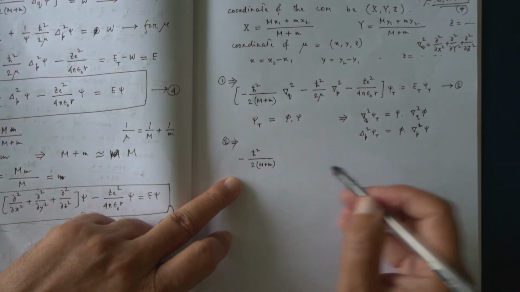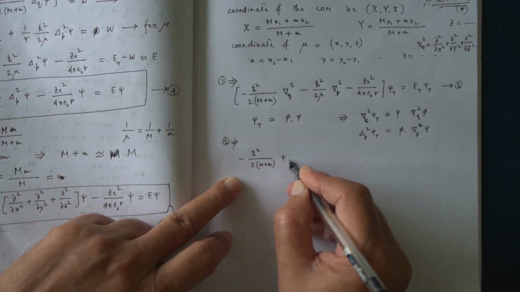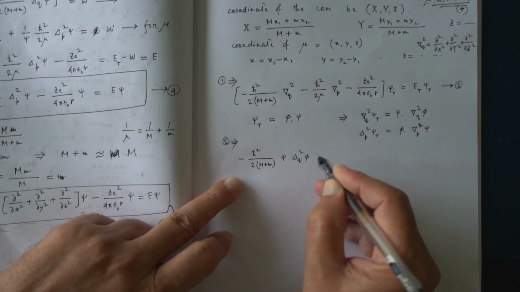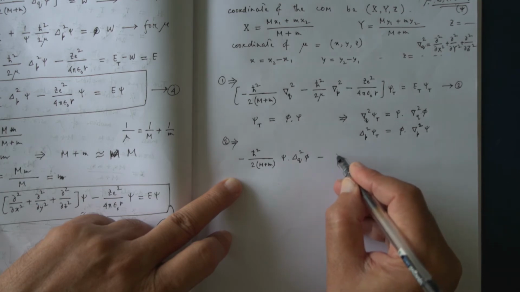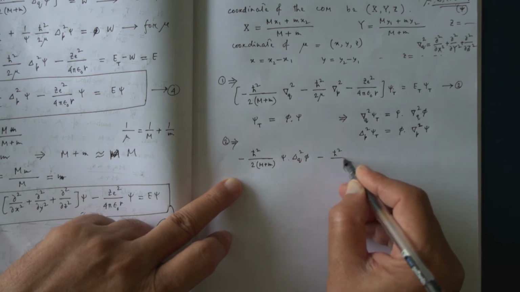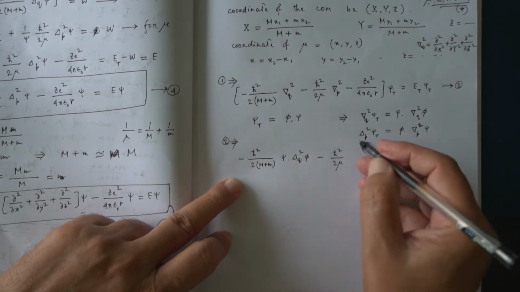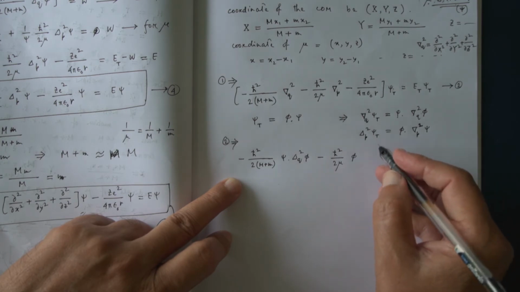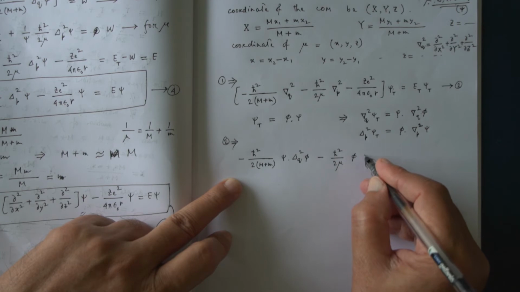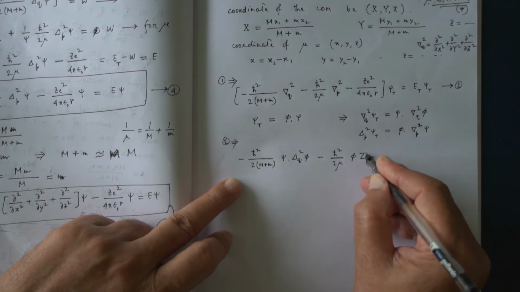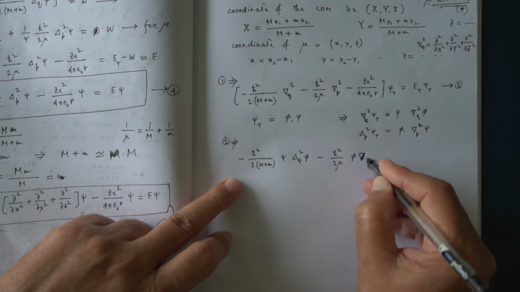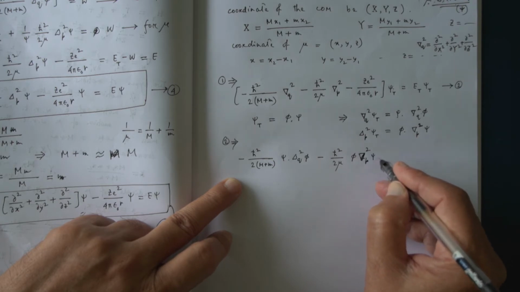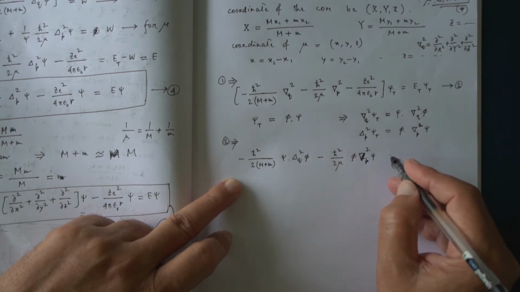So for this I can write psi del q square phi, then minus h bar square by 2 mu phi del p square psi.